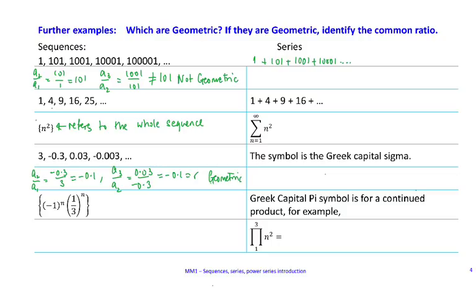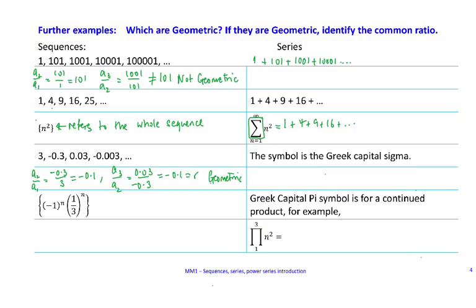Now, this one here, we also have the sum. So our series can be represented as the sum of terms 1 plus 4 plus 9 plus 16, etc. This here is the Greek symbol, capital sigma.